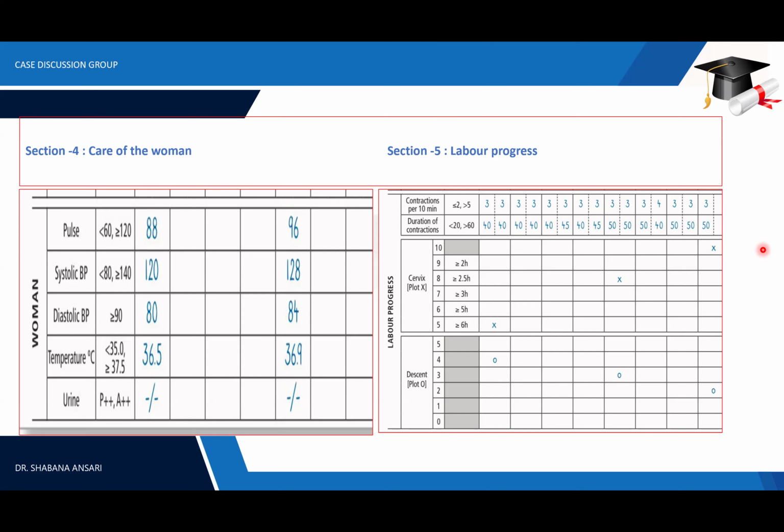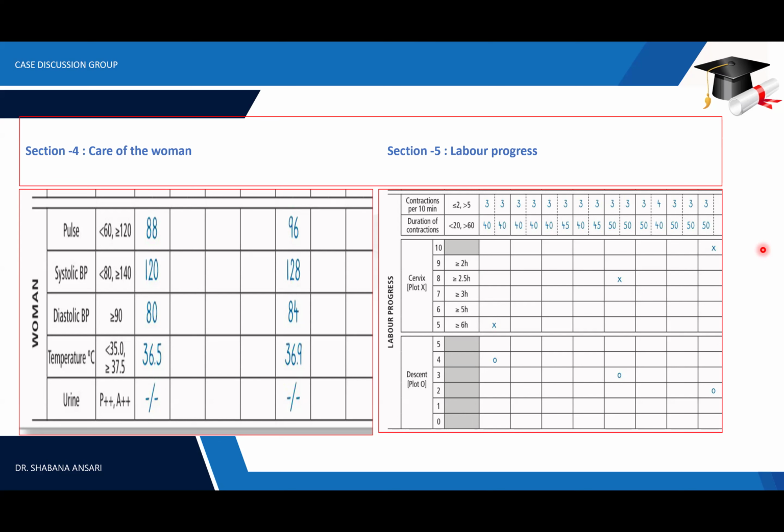So it's going to be an alert, and some intervention is needed. Then you will be informing your senior midwife, your consultant, and then there has to be a plan. Suppose there is no fetal distress, there are no decelerations, then we can continue for a few hours. And if intervention is needed, then we have to intervene.